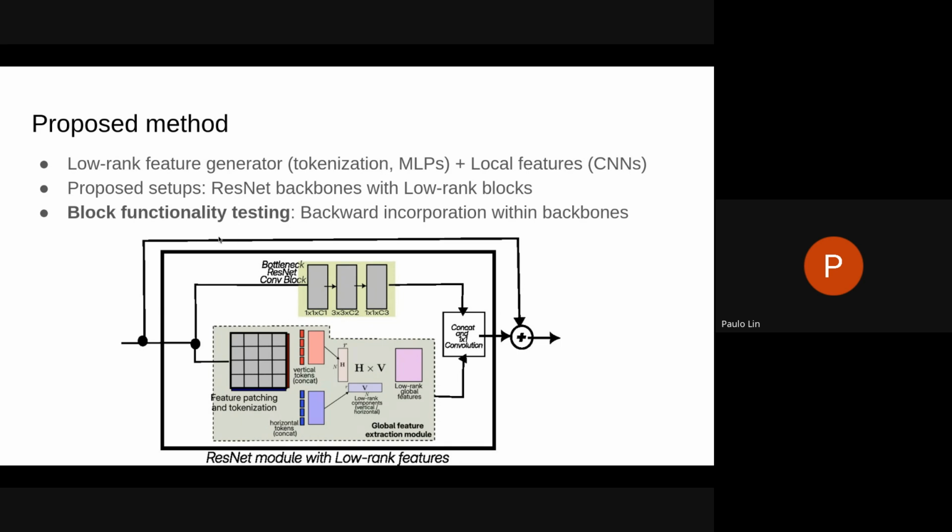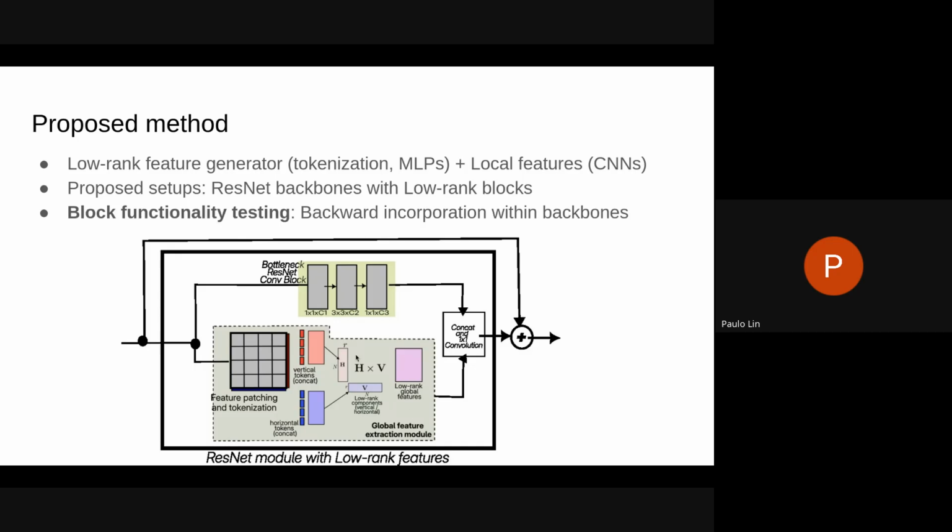This is a ResNet model. Within a ResNet architecture, but instead of using just convolutions, I'm combining a convolution path with a low rank path. In this low rank path, I'm generating global features from two components.